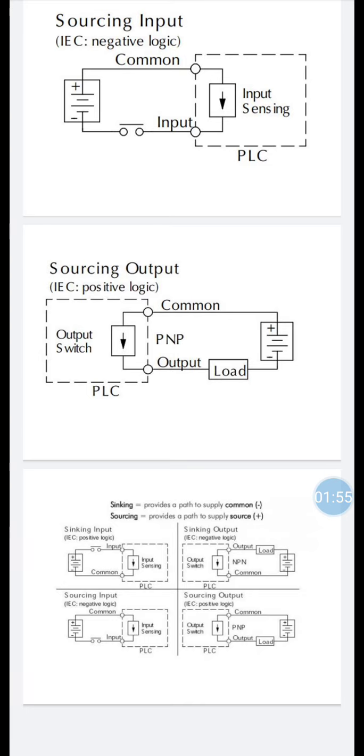Input and output points that are sinking or sourcing can conduct current in one direction only. The meaning of this is that it is possible to connect the external supply and the field device to the input output point, and if the current is flowing in the wrong direction, then the circuit will not operate.